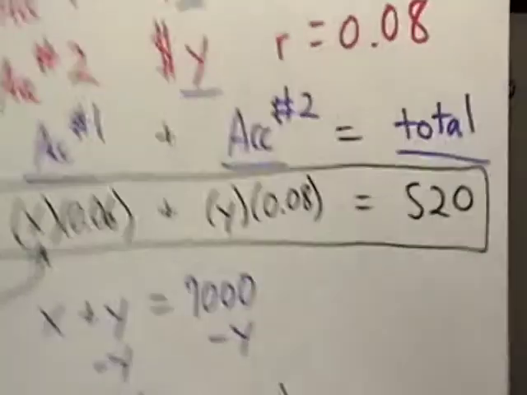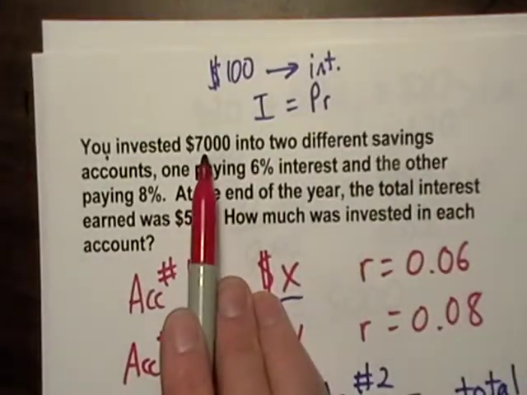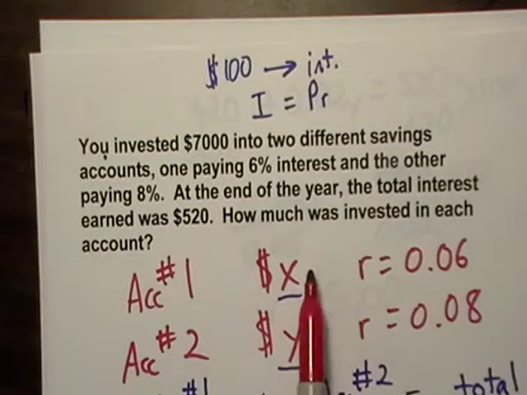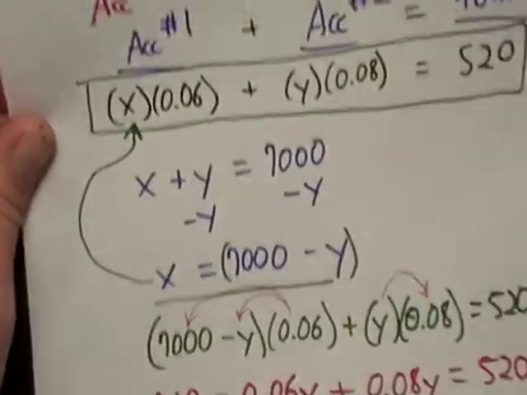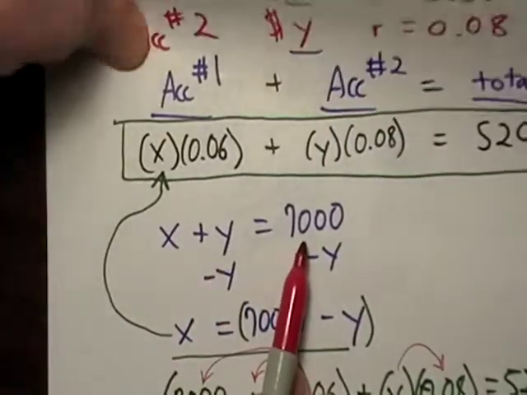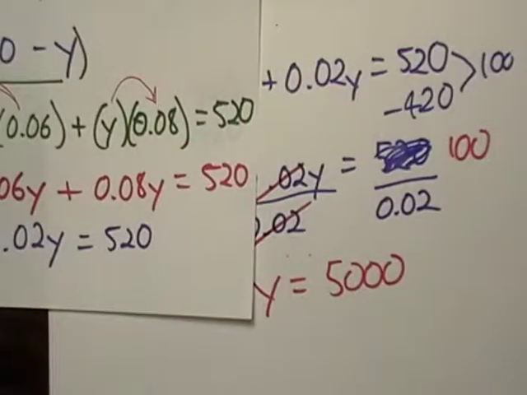Now let's go back to our original equation here. Remember we took $7,000 into two different accounts. We put X dollars in account 1, we put Y dollars in account number 2. So that means X plus Y is equal to our $7,000. I'm going to rewrite that over here.